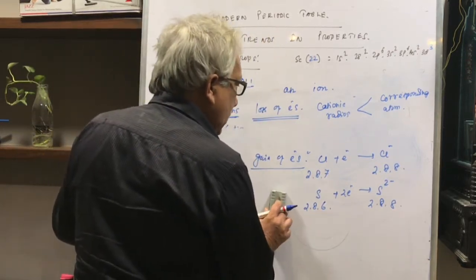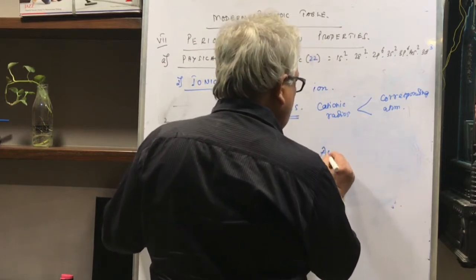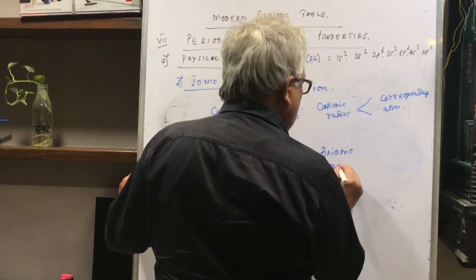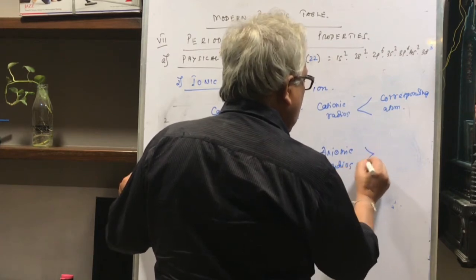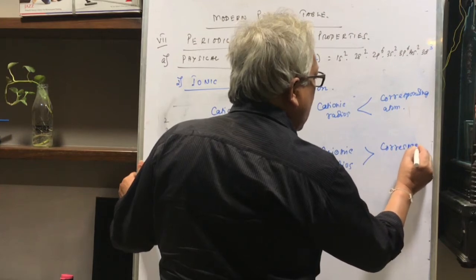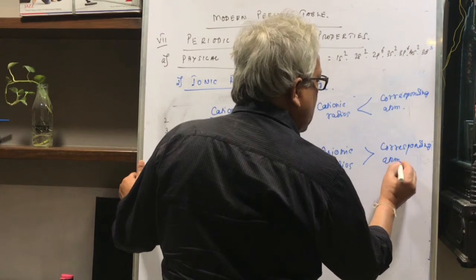So I would say here the anionic radius is slightly bigger than the corresponding atoms. Is that okay?